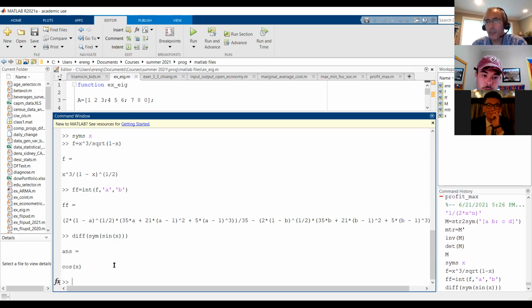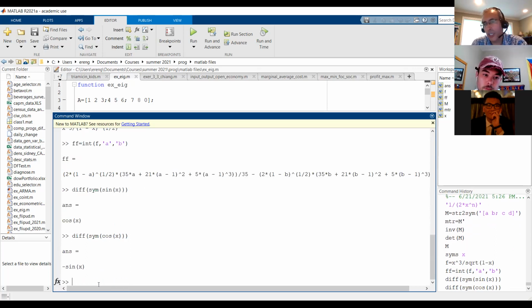Here you go, cosine of x. Remember, if you take the derivative of sine of x, the derivative is cosine of x. Remember that? High school math. So we can do, for example, what is the cosine minus sine?